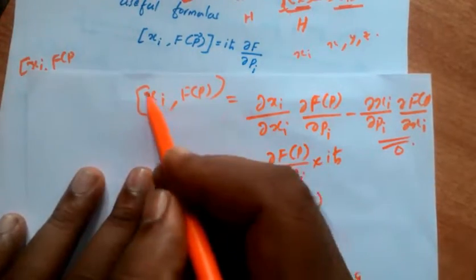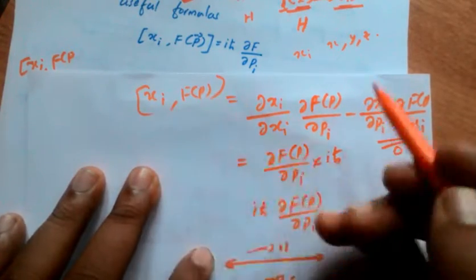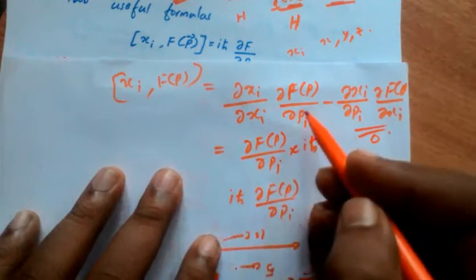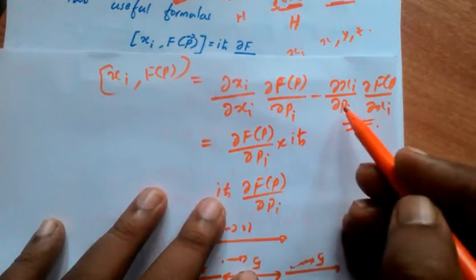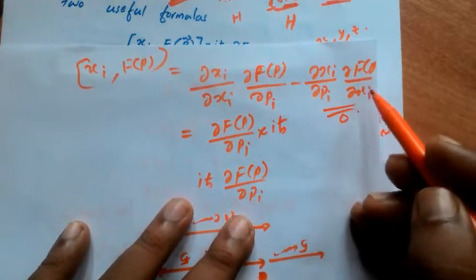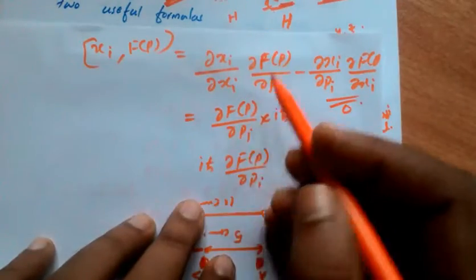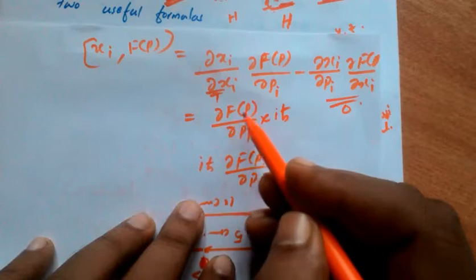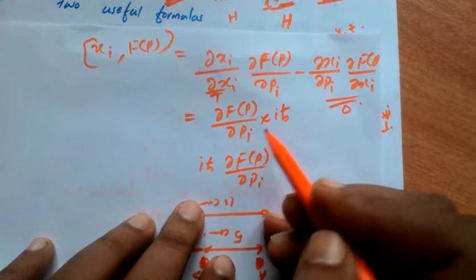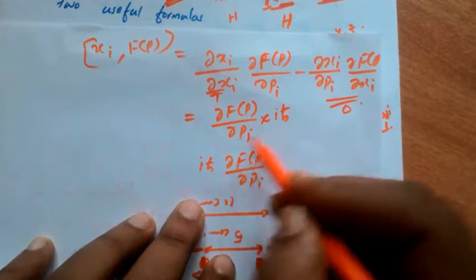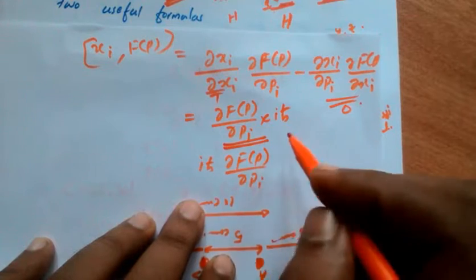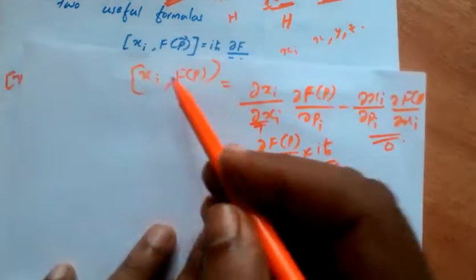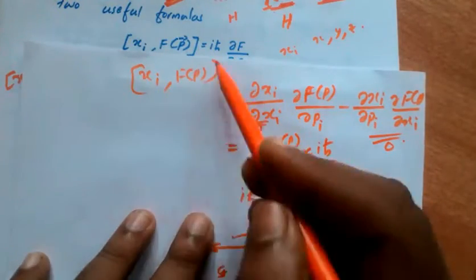If we take xi and f of p, a function of momentum, that is equal to dou xi over dou xi, dou f over dou pi, minus dou xi over dou pi into dou f over dou xi. This first term gives 1, and the second term will be 0. So we get dou f over dou pi, which is the classical mechanical Poisson bracket result, and when we multiply with i h cross, it will be the quantum mechanical commutator relation.